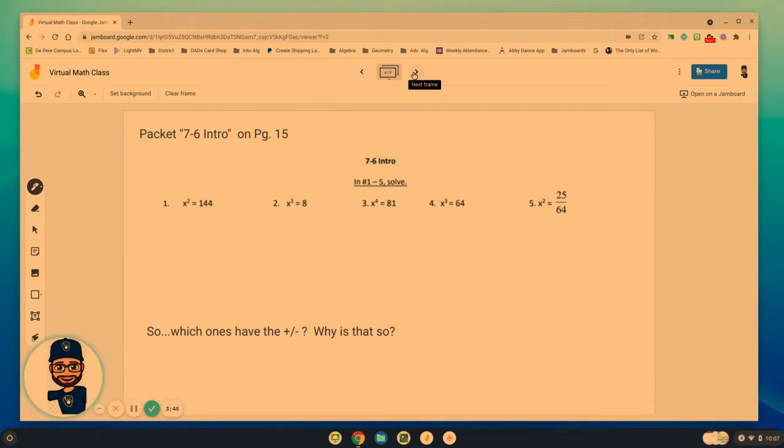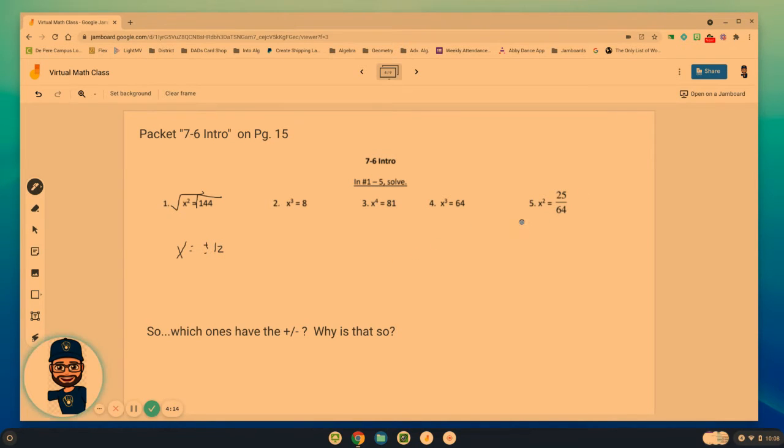Okay, and I really want us to go back maybe into the packet, page number 15. I'm looking at these 5 problems here on the top of the page, and as it really looks at some of this information, we've done some of these in the past, like 1 and 5, right? If I have x squared isolated, I take the square root of both sides, and we get x equals plus or minus 12.